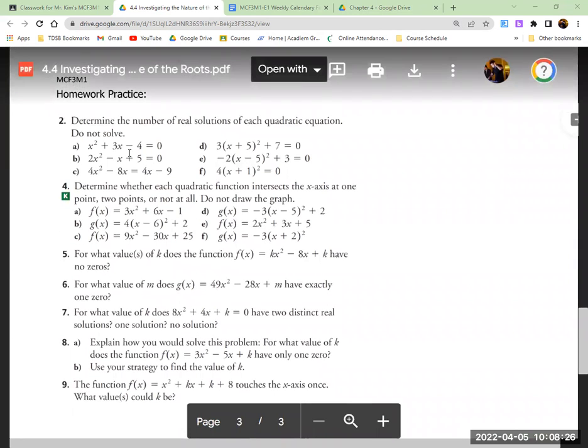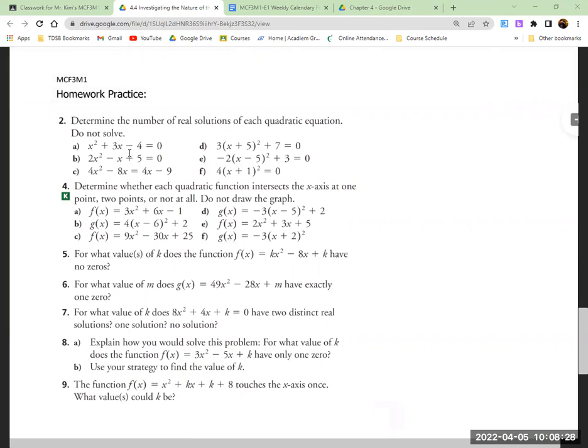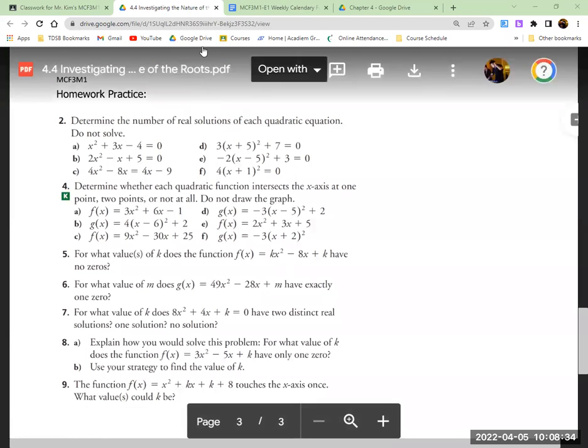Now, the answer key, number 2b, tells me that there are no answers. But let's pretend I didn't see that. Here's what I would do. All right, number 2b. My a value is a 2. My b value is a -1. And my c value is a 5.